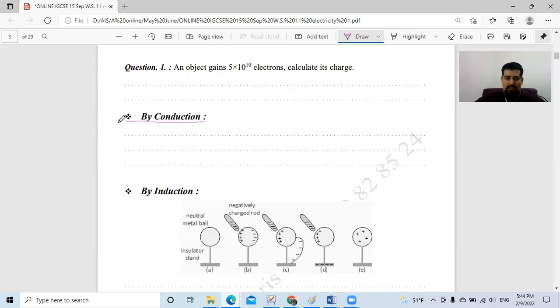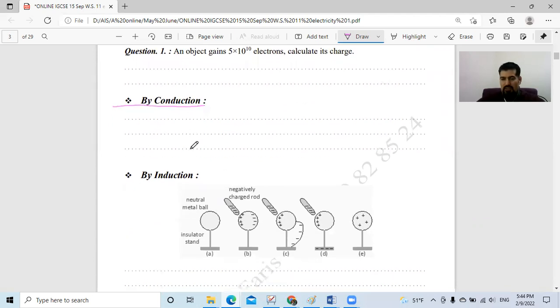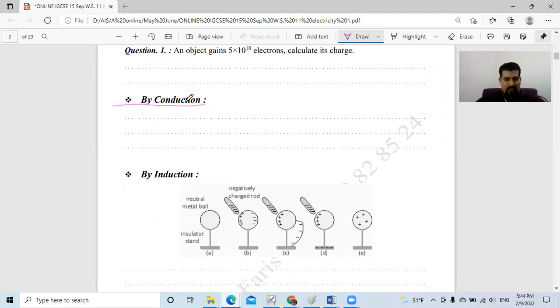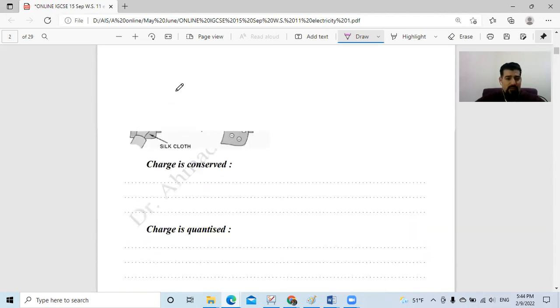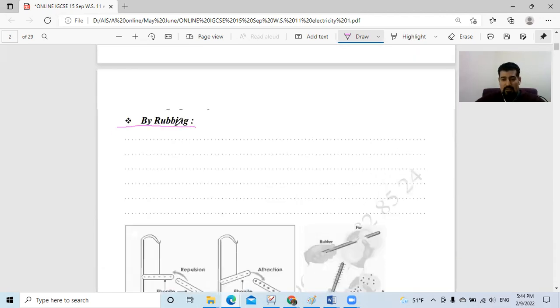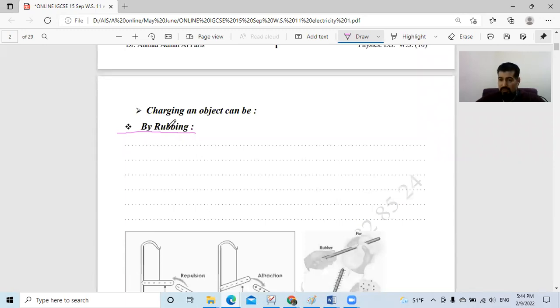They didn't ask about it many years ago because it's part of understanding the charge or the transfer of electricity. And number three, induction, which they bring questions about from time to time. So these three methods: by rubbing, by conduction, by induction.